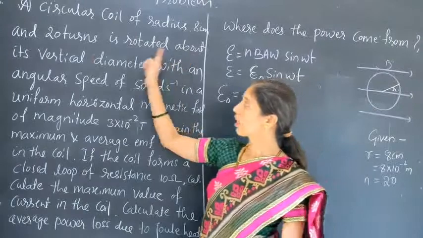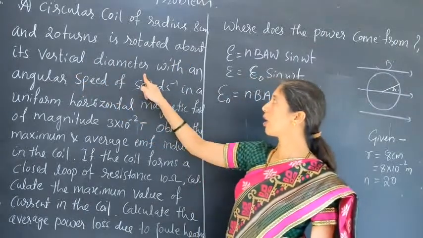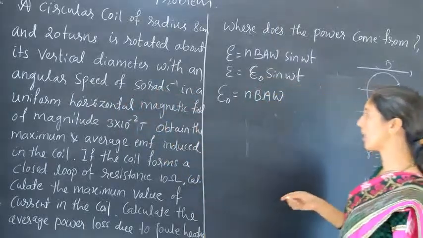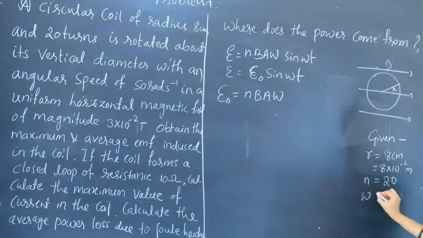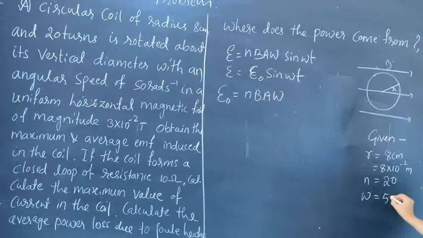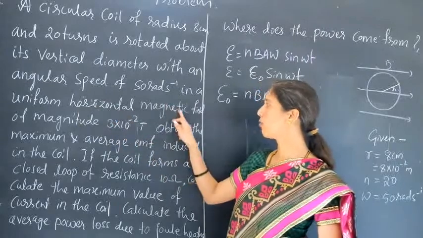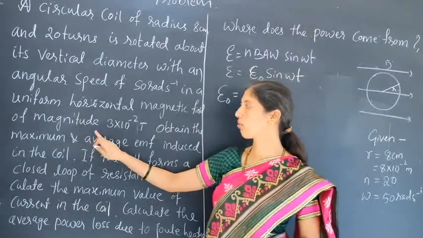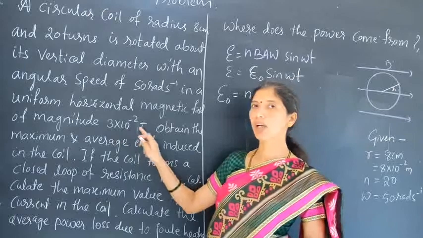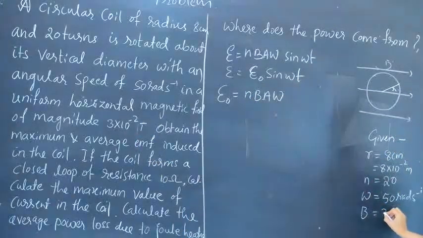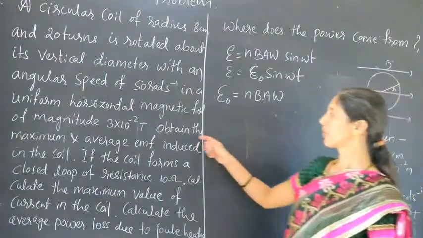It is rotated about a vertical diameter with an angular speed of 50 radian per second. Angular speed is omega. It is 50 radian per second in a uniform horizontal magnetic field of magnitude 3 into 10 raised to minus 2 Tesla. That is magnetic field B is equal to 3 into 10 raised to minus 2 Tesla.